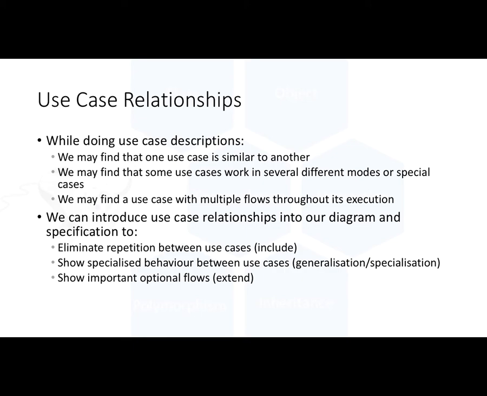The purpose of inheritance between use cases is basically for you to indicate that there's a particular general type of behavior, and then there are specialized use cases that are very similar. That's the main thing. It's really just telling the developers and the designers that this is something to think about.